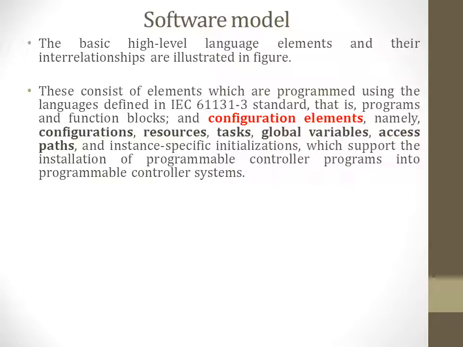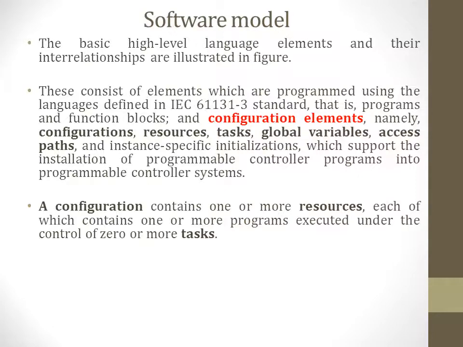That is, programs and function blocks, and configuration elements, namely configurations, resources, tasks, global variables, access paths, and instance-specific initializations, which support the installation of programmable controller programs into programmable controller systems.